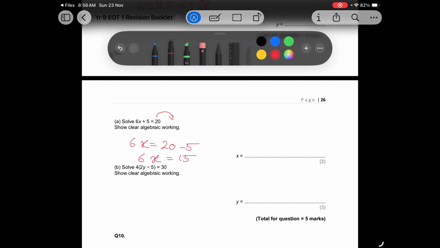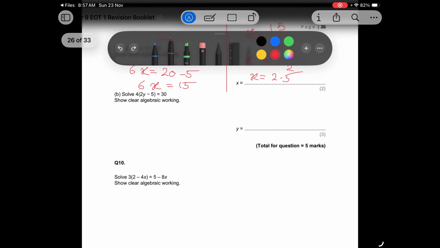Then you can divide both sides by 6, so x will be 15 over 6. It means you can simplify by dividing by 3. It will be 5 over 2. Okay, we divide by 3 by 3, or you can write like this, x equals 2.5. I think that you can handle these things with calculator, it's fine.